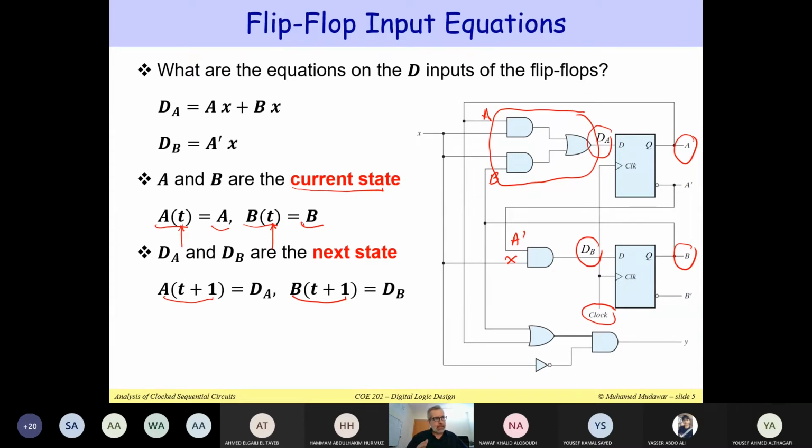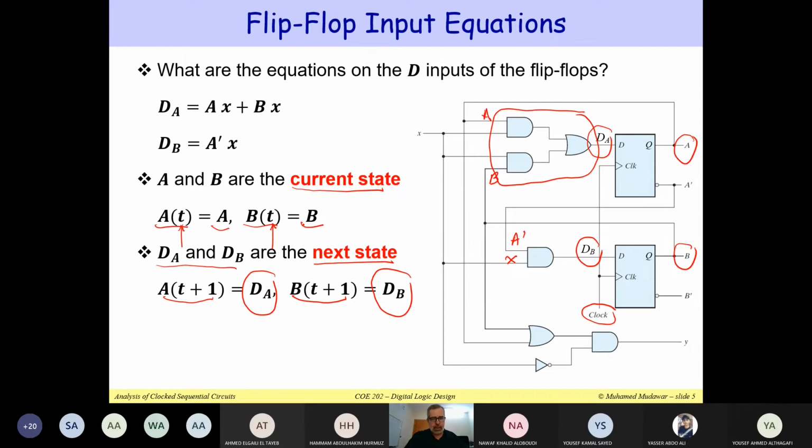The flip-flops are synchronized with the clock, and therefore they will change their output at the next rising edge of the clock. So A at t plus 1 becomes DA, which is the input, and B at t plus 1 becomes DB. This is why we say that DA and DB, which are the inputs to the flip-flops, are defined in next state.